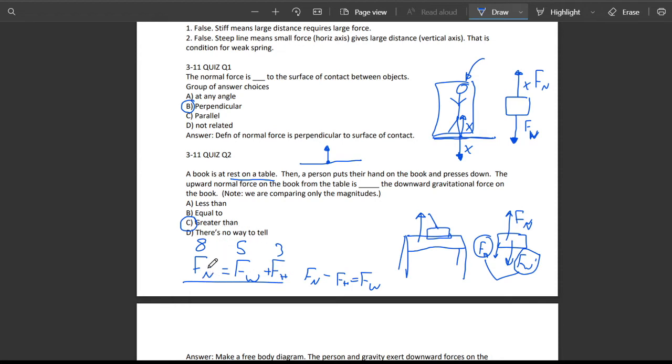So the normal force is equal to the sum of the forces acting downward on the object, and that is why C is our answer.